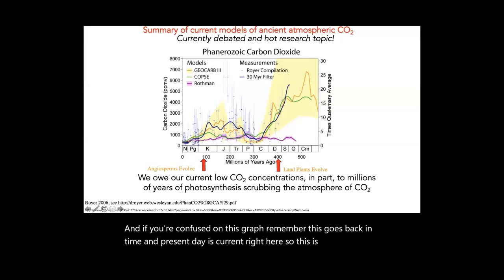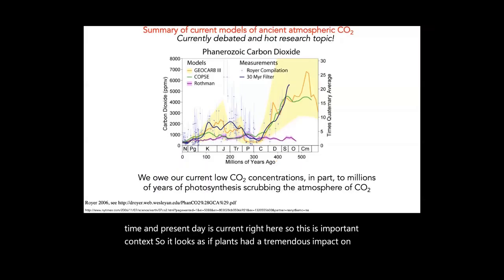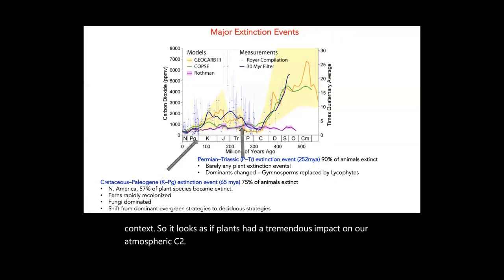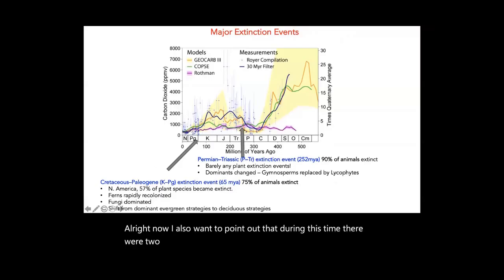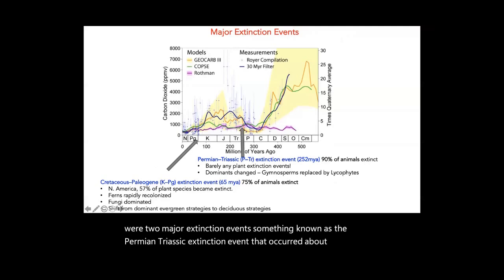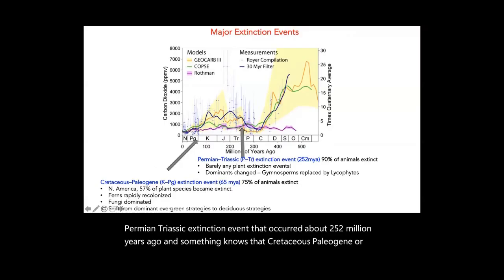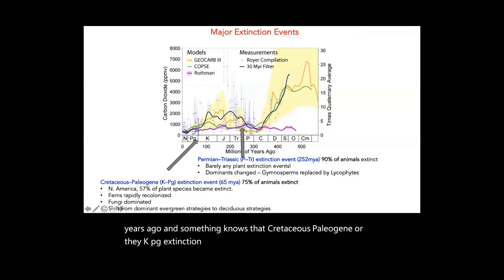So it looks as if plants had a tremendous impact on our atmospheric CO2. All right, now I also want to point out that during this time, there were two major extinction events, something known as the Permian-Triassic extinction event that occurred about 252 million years ago, and something known as the Cretaceous-Paleogene, or K-Pg, extinction event 65 million years ago.